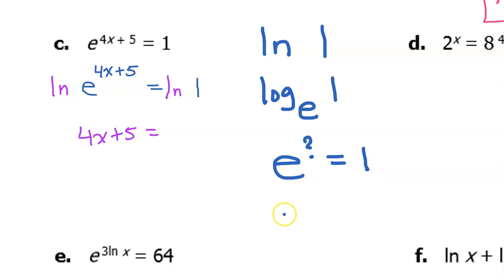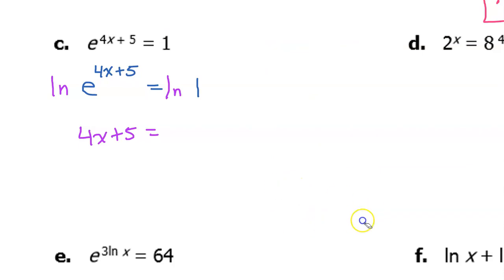Well, we learned a while back that if you take anything and raise it to the 0 power, that's going to give you 1. So that's why the natural log of 1 is 0. Because again, this is base e, and we're saying e to the what power is 1? The 0 power. So that's the answer.